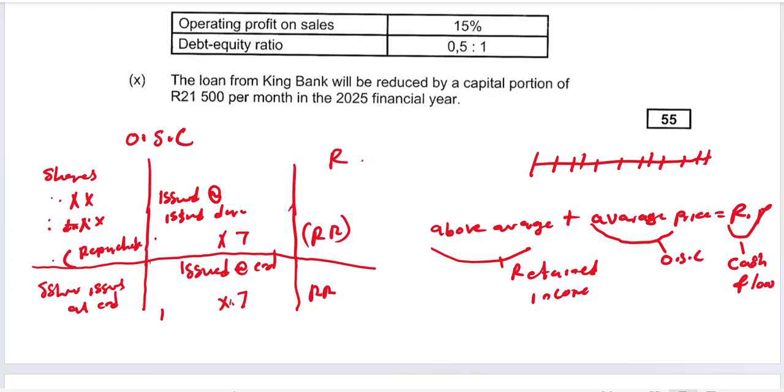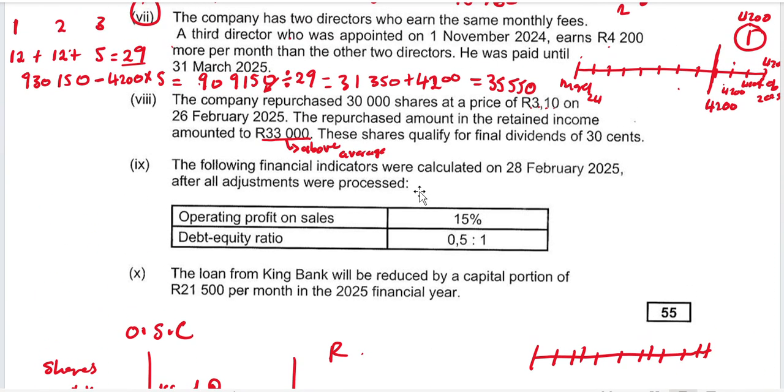So the average price minus the repurchase price gives above average, and above average minus the repurchase price gives the average price. So let's first get the average price of shares.